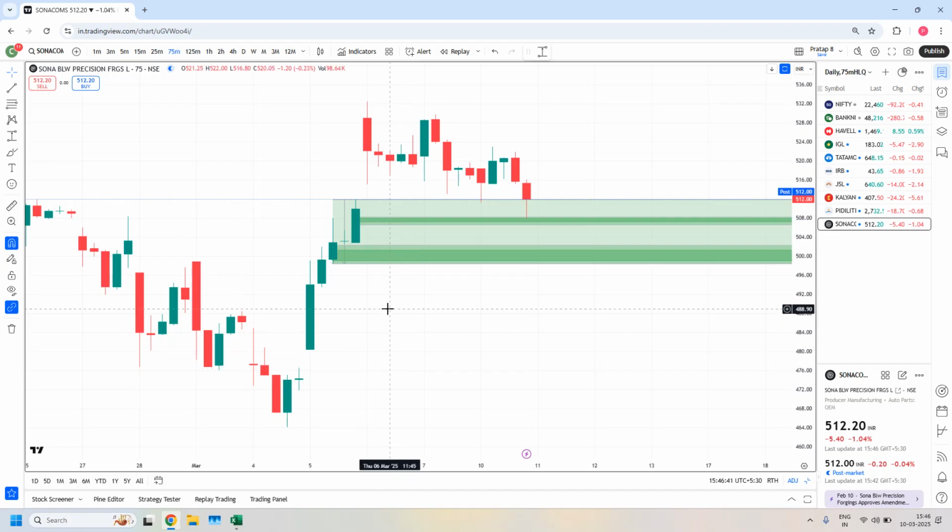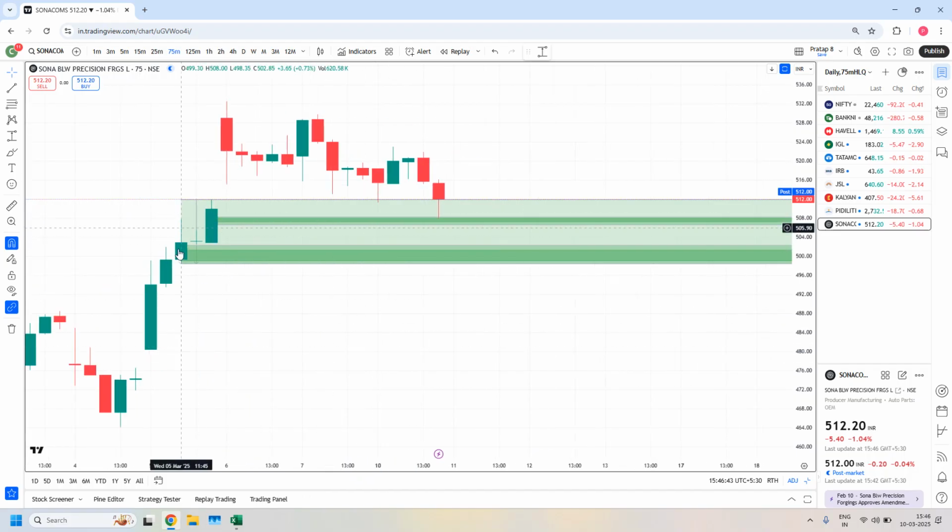See, the skill is very simple. Inside 75 minutes, you identify the 15-minute zone. Inside 15 minutes, you identify the 5-minute zone. That's it. Is there any difficulty in finding? No difficulty. Sometimes you might have confusion whether to accept it as a zone or not. For that also I gave you a technique.